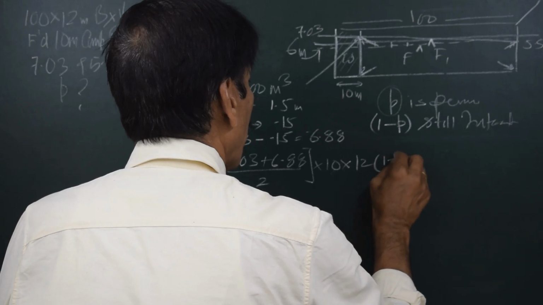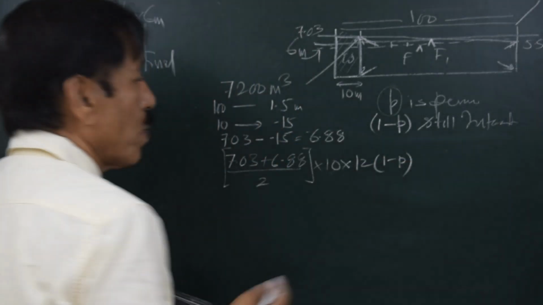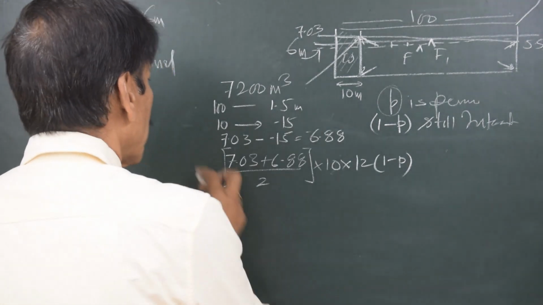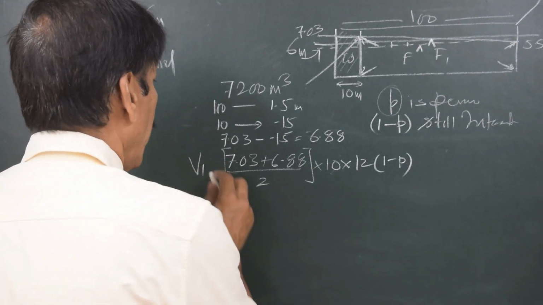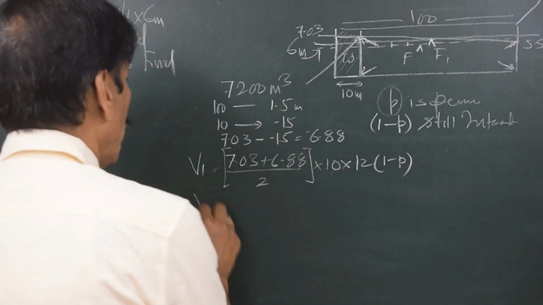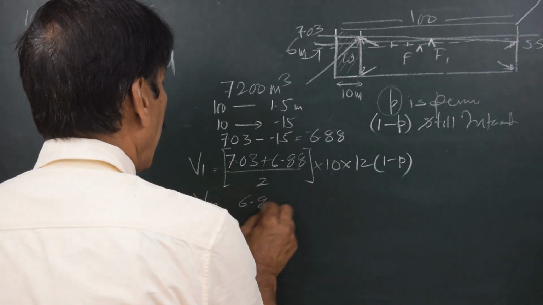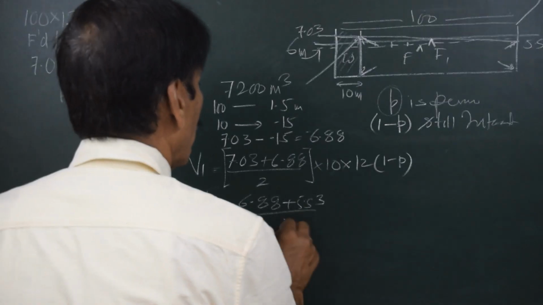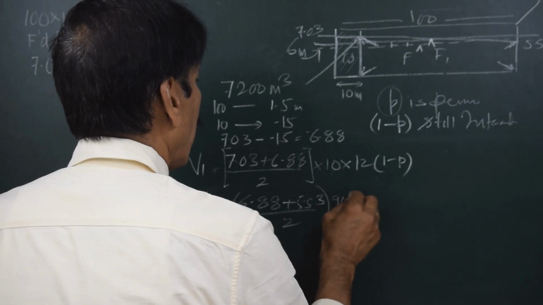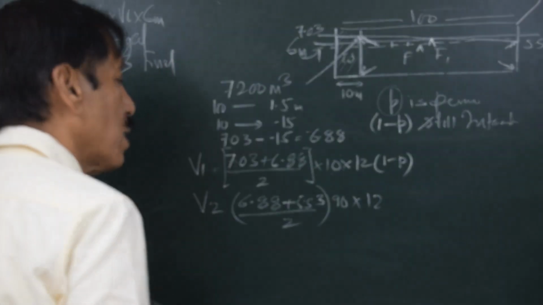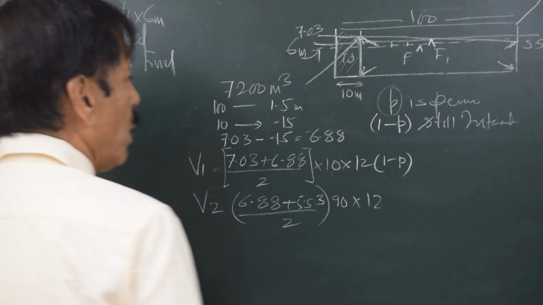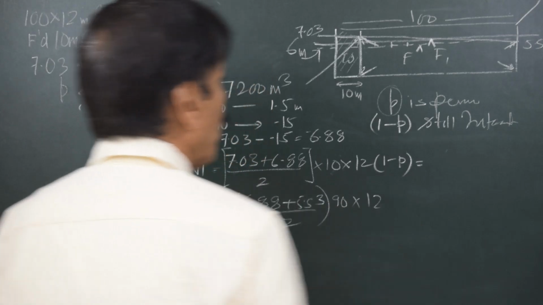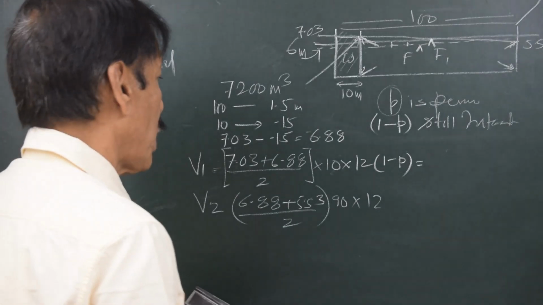I'll multiply by 1 minus P, because P goes with the loss, 1 minus P should go with the intactness. So this is V1. Now V2 will be 6.88 on the same line plus 5.53 divided by 2 multiplied by 90, and if I want volume I multiply with the breadth, that is 12. So V1 plus V2 should be equal to 7,200.